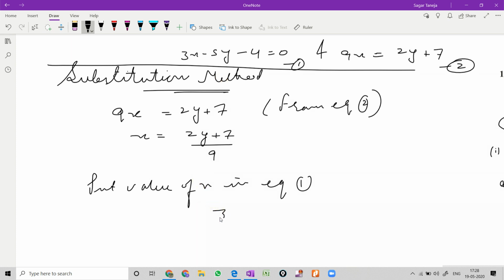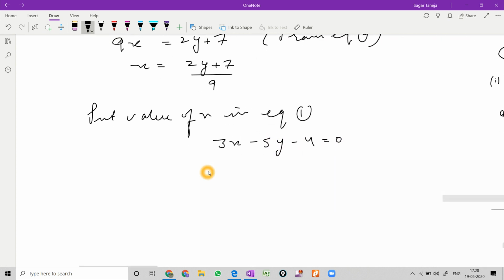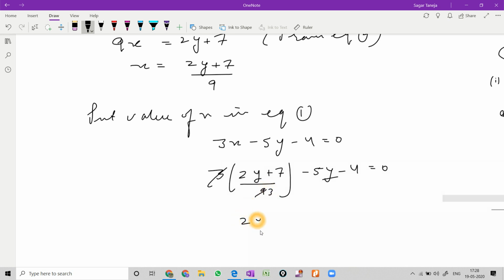So equation 1 is 3x minus 5y minus 4 is equal to 0. Put the value of x: 3 times (2y plus 7) upon 9 minus 5y minus 4 is equal to 0. This cancels out. Now (2y plus 7) upon 3 minus 5y minus 4 is equal to 0.